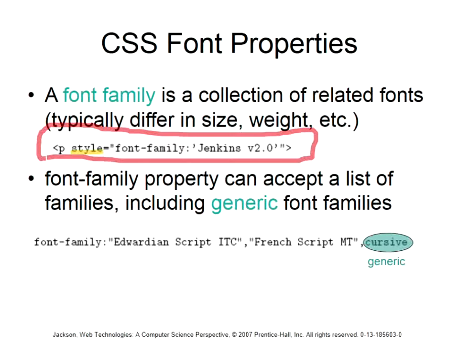The second manner is to use the tag style under the tag head, and the third manner is to use the attribute style in any tag, p, table, tr, etc. Is it clear for you? Any question about how we can create a style for an HTML document?